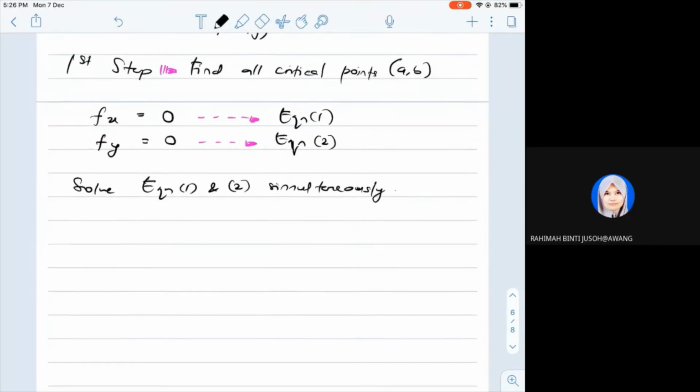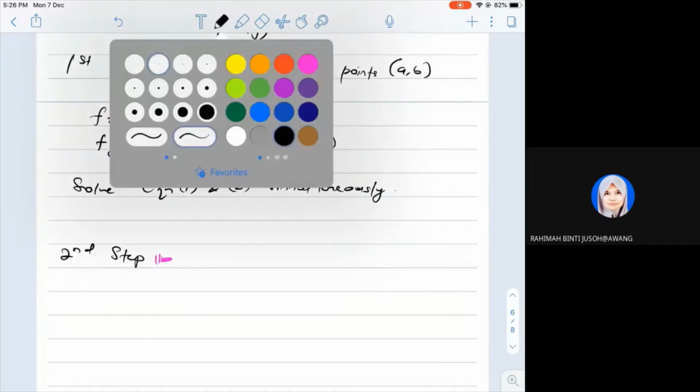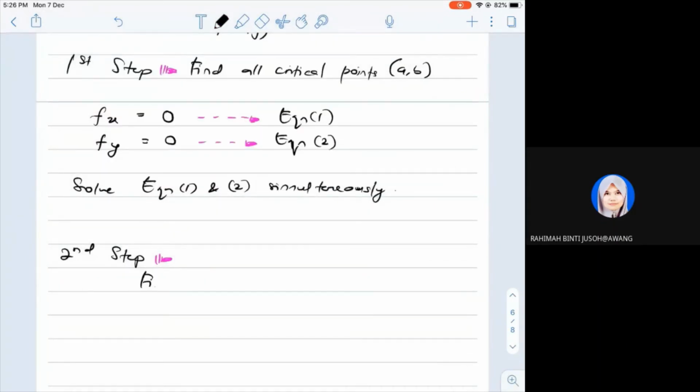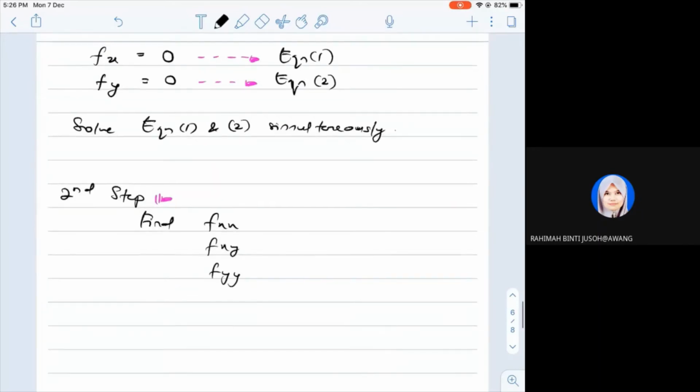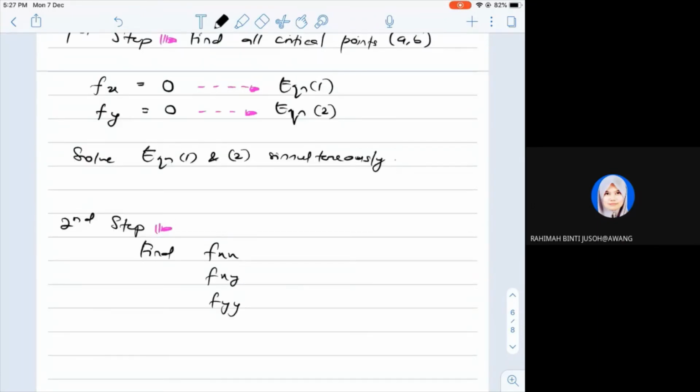Alright, so after we get all the critical points, the second step is you have to find fxx, fxy, and fyy. Means you need to differentiate the function twice, the second order partial derivatives.